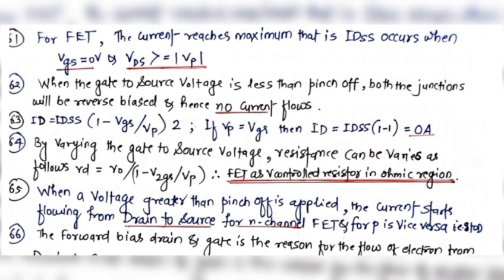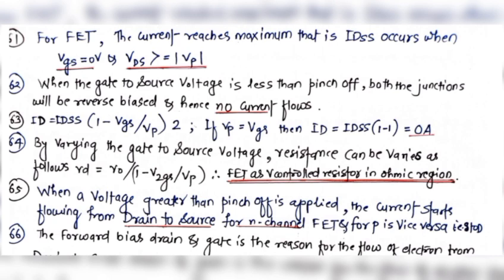When the gate-to-source voltage is less than pinch-off, both the junctions will be reverse biased and hence no current flows. ID is equal to IDSS times (1 minus VGS upon Vp) squared. If Vp is equal to VGS, then ID is equal to 0 ampere.